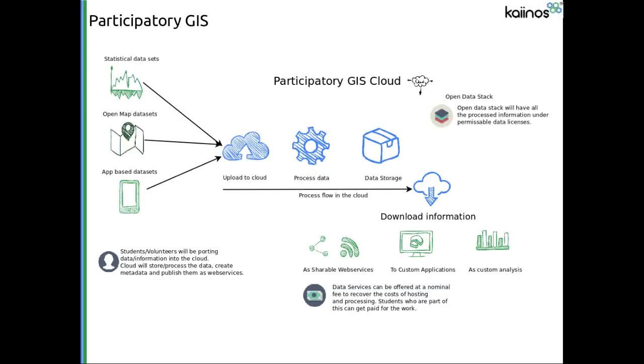What we have been trying with OSGeo India is to build a participatory GIS model. So we call this data democratization, where students or volunteers, we plan to build a platform where people can register themselves, access open data, and then learn how to process it, and then actually process the data and then publish it on that platform.